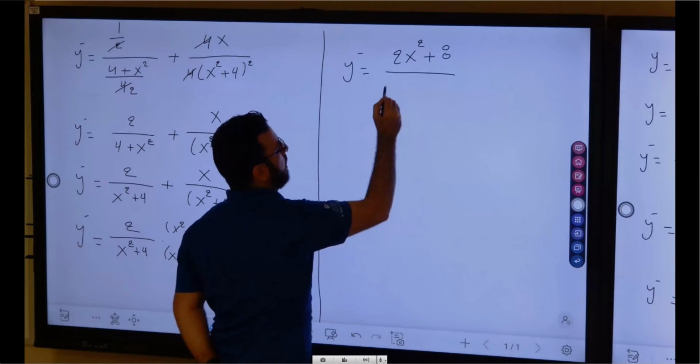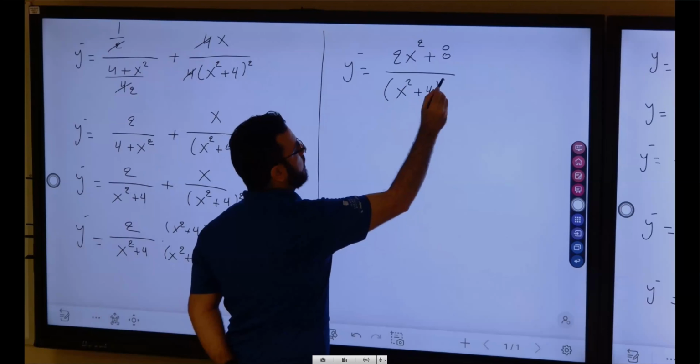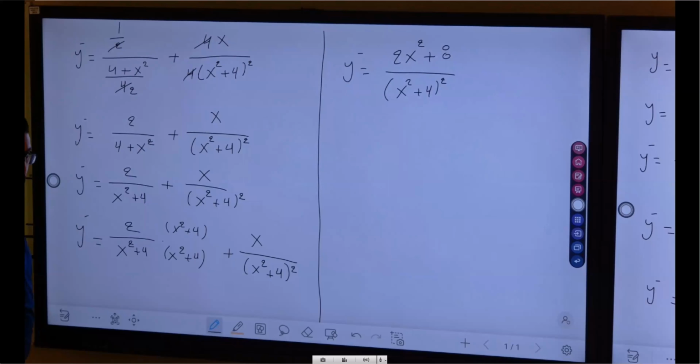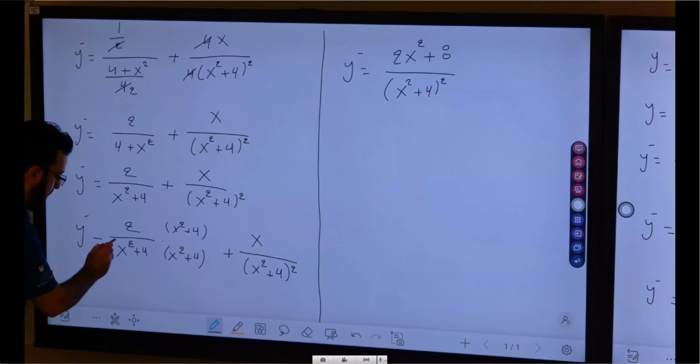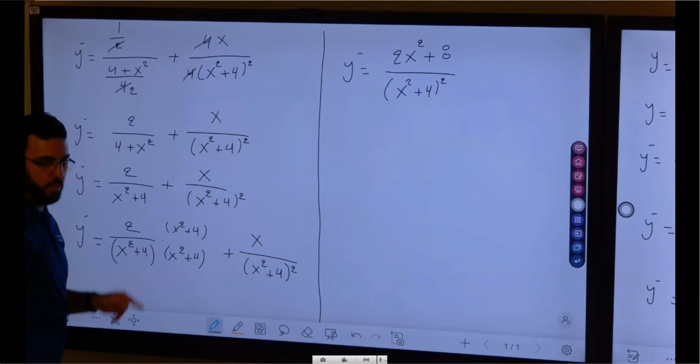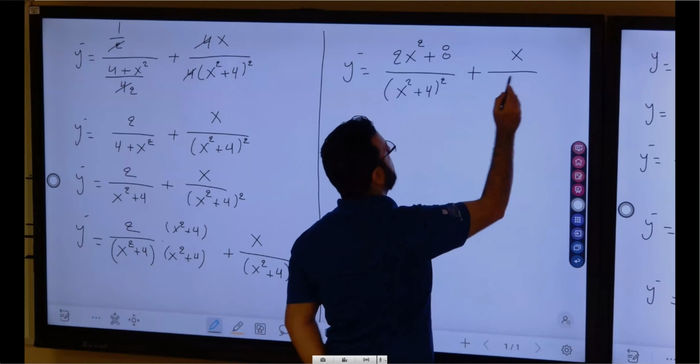On the bottom, is that x squared plus 4 squared? Yes or no? It's the same one squared. We're going to get the same common denominator with this part.